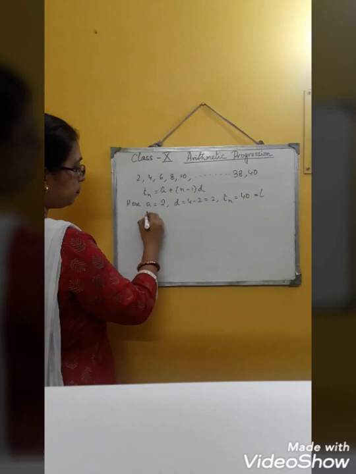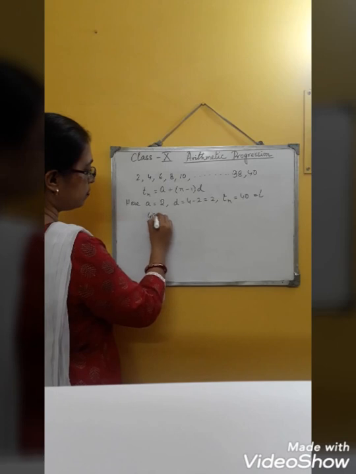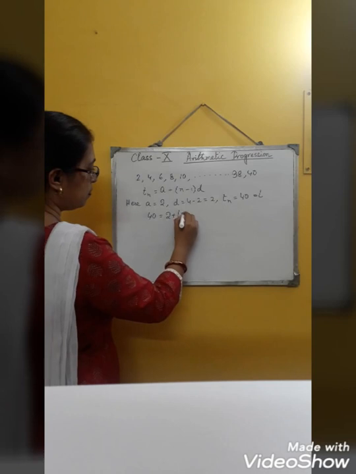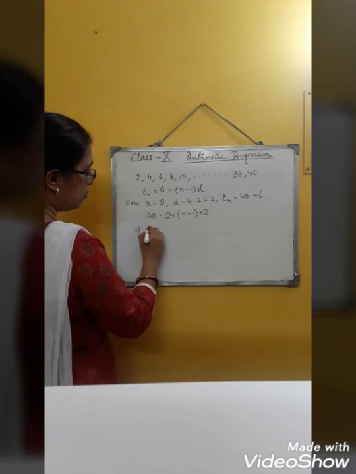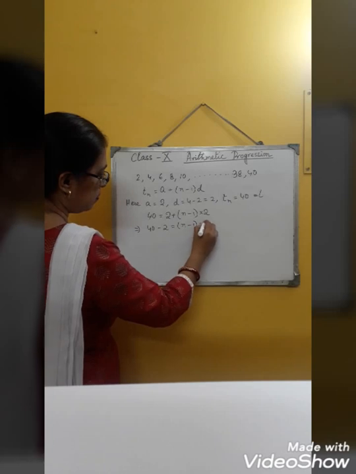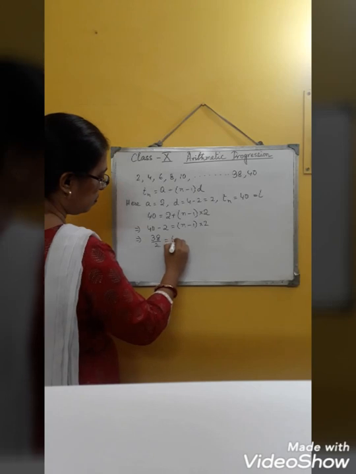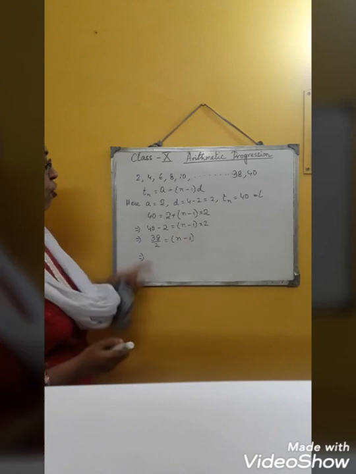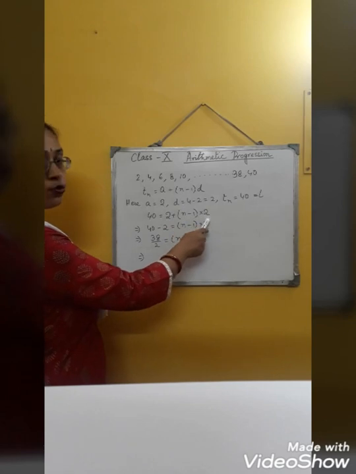So here you can see, 40 is equal to 2, the first term, plus (n minus 1) into d.